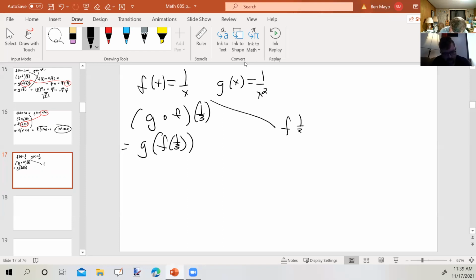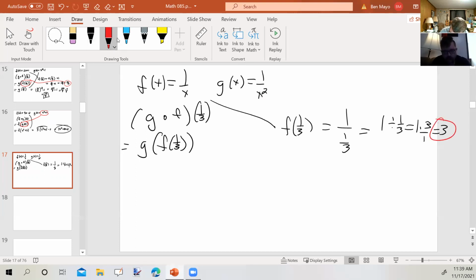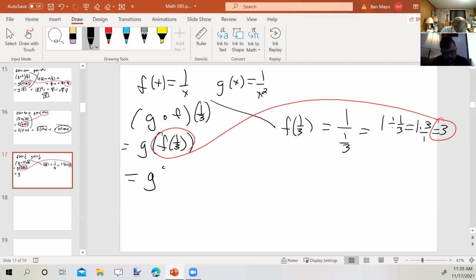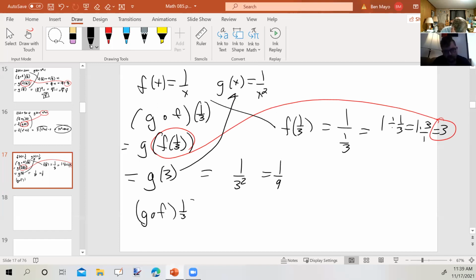Well, f of 1/3 is 1 over 1/3, which is 1 divided by 1/3, which is 1 times 3 over 1, which is 3. So 3 goes in the place of f of 1/3. So g of f of 1/3 is equal to g of 3. And we'll put that up there. So this is equal to 1 over 3 squared, which is 1/9. So g composed with f of 1/3 equals 1/9.